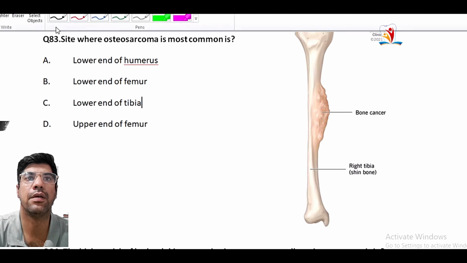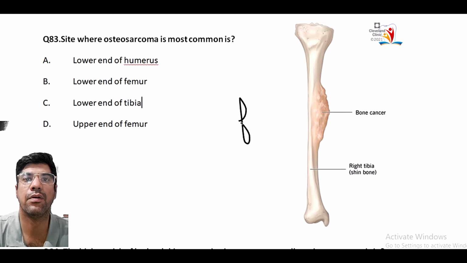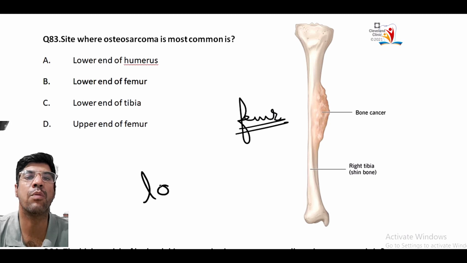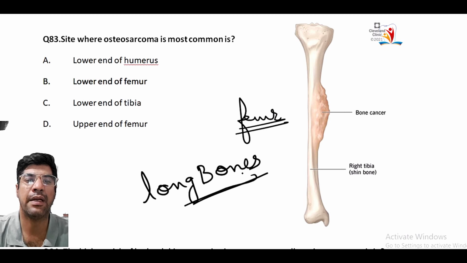Remember that. So remember, osteosarcoma is a type of bone cancer that occurs in the long bones of arms and legs, and the lower end of the femur is the most common location for this carcinoma.